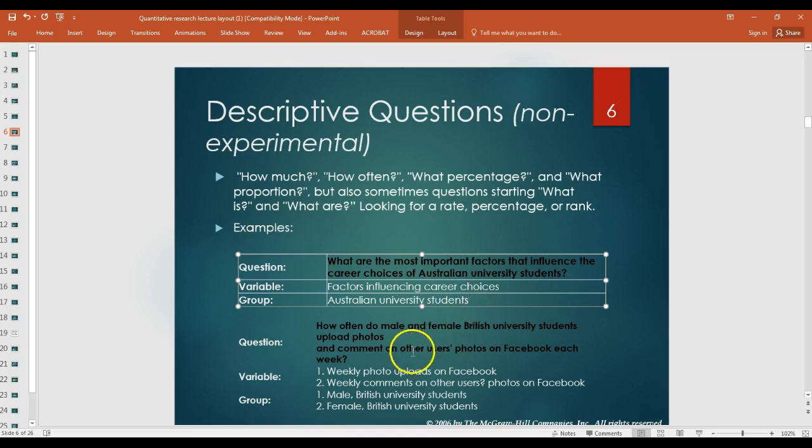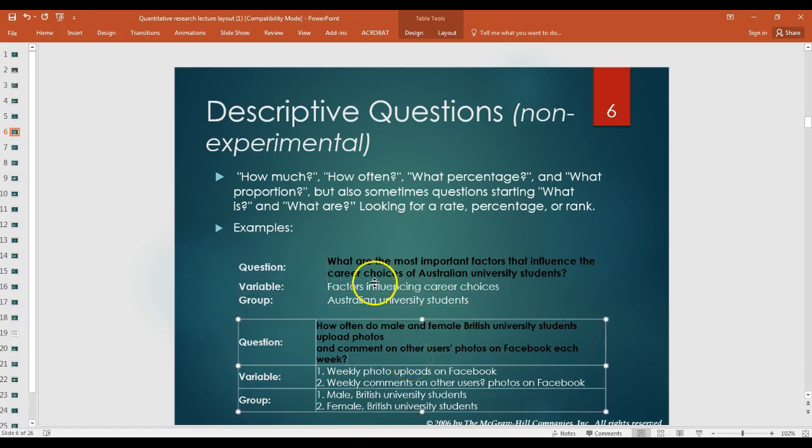Here's another question. See, the previous one started with what, this one started with how. How often do male and female British university students upload photos and comments on other users' photos on Facebook each week? So we have 2 variables, weekly photo uploads and weekly comments on other people's photos on Facebook.